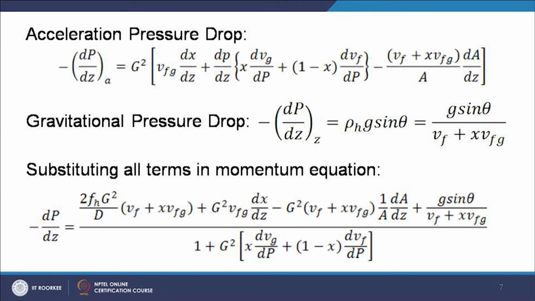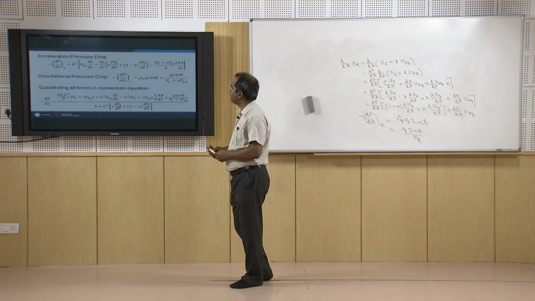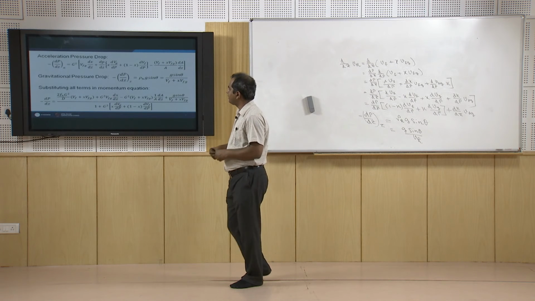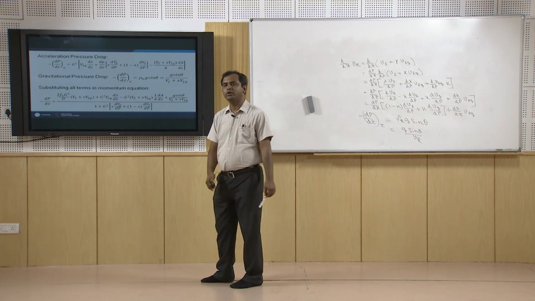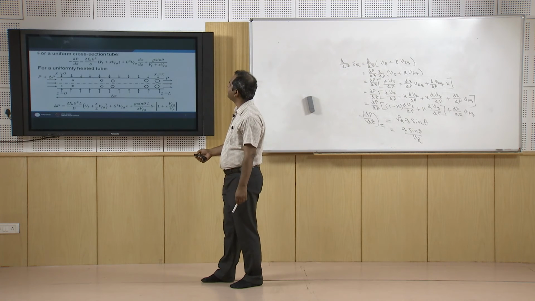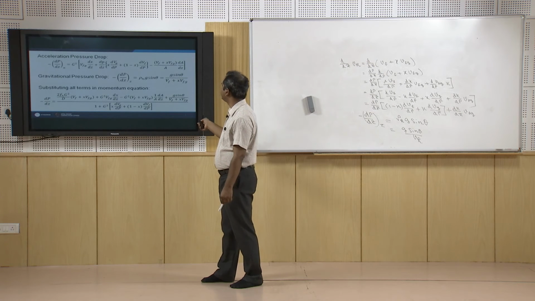Okay. Now, for most of the fluids, especially for air and water, you can find that this term in this brace is nearly equal to 0. So, if we cancel this one, then we will have minus dP/dz equals to this term.